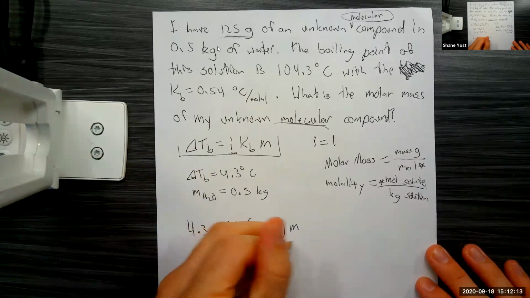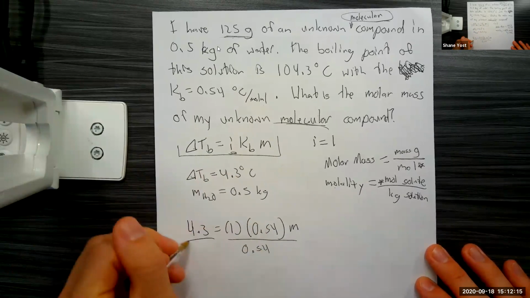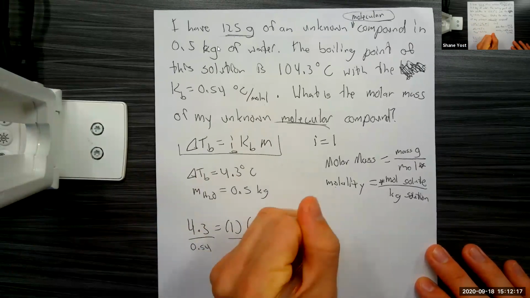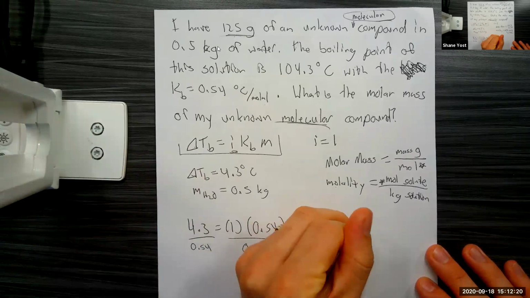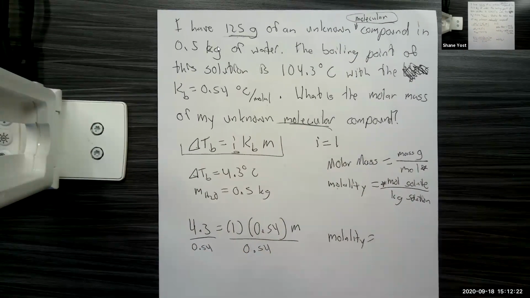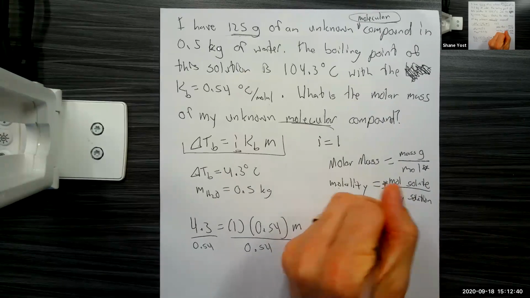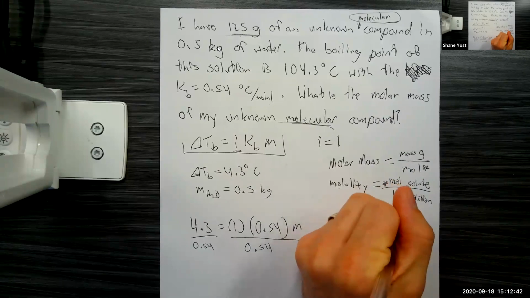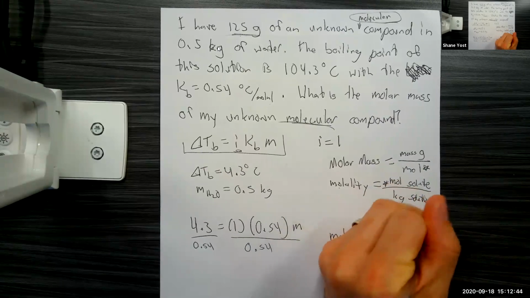So we just divide both sides by 0.54 to get the molality equal to 4.3 divided by 0.54, got it, 7.96 molal.